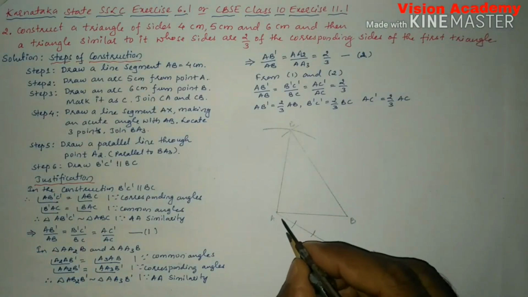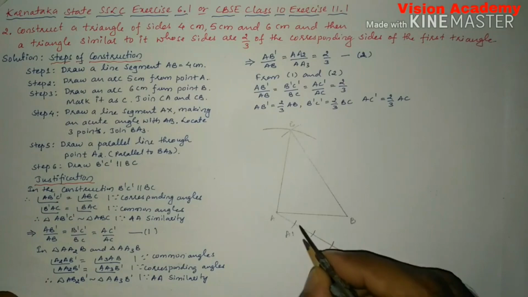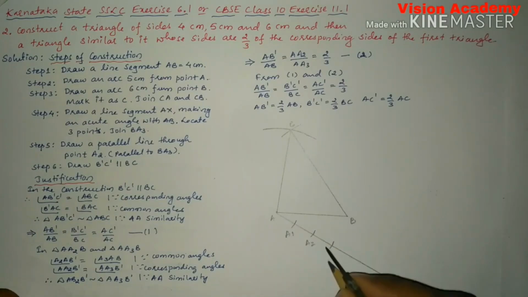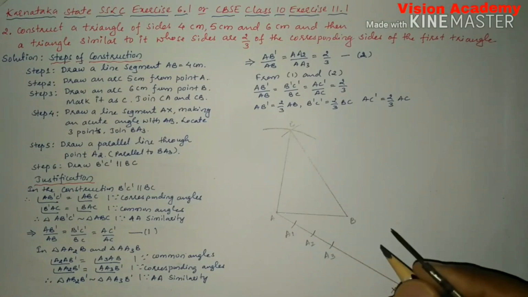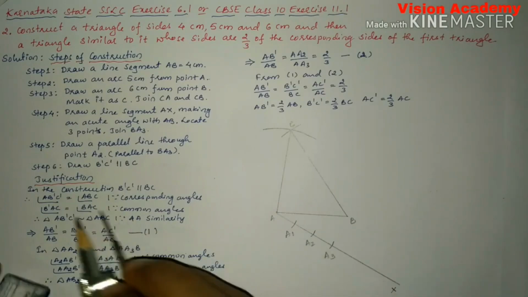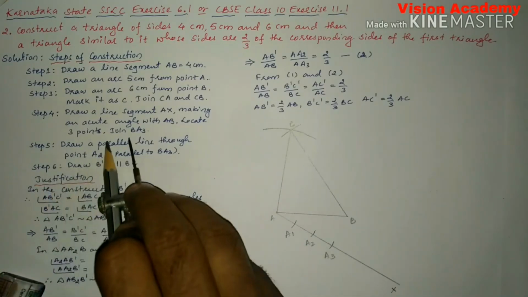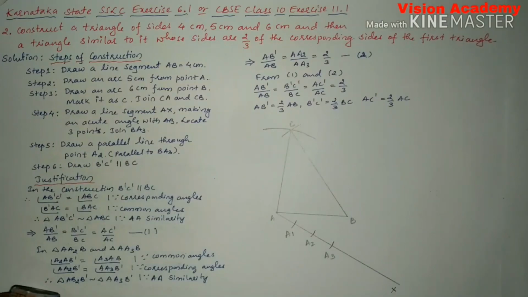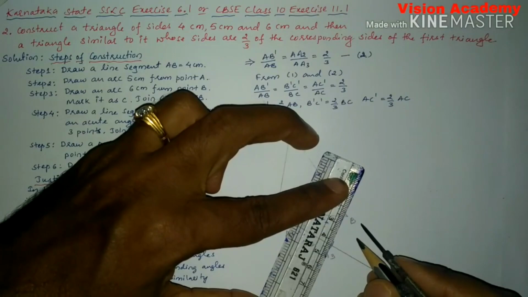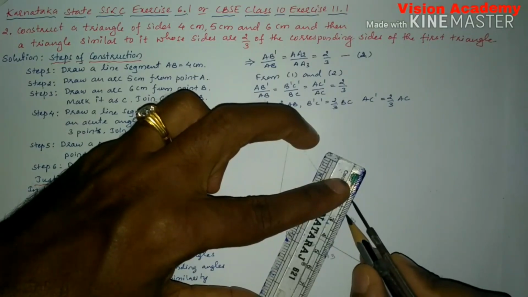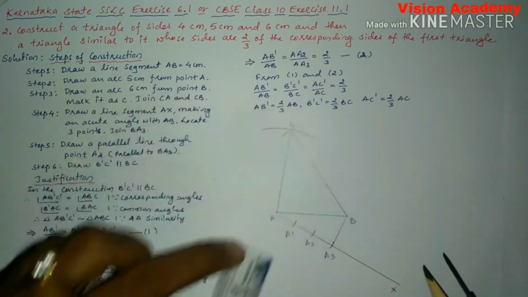Let us name them as A1, A2 and A3. The next step is join BA3. So let us join both of these 2 points. BA3 is joined.